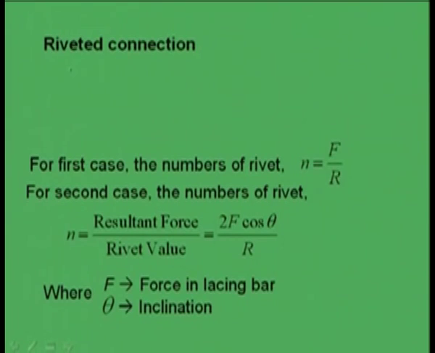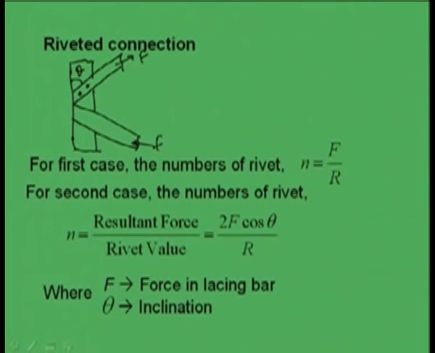Let us see. First, lacing may be like this, one lacing is like this and another lacing is like this, and this is F, and this is the main bar. This is one type of connection, where this is theta, the angle of inclination.